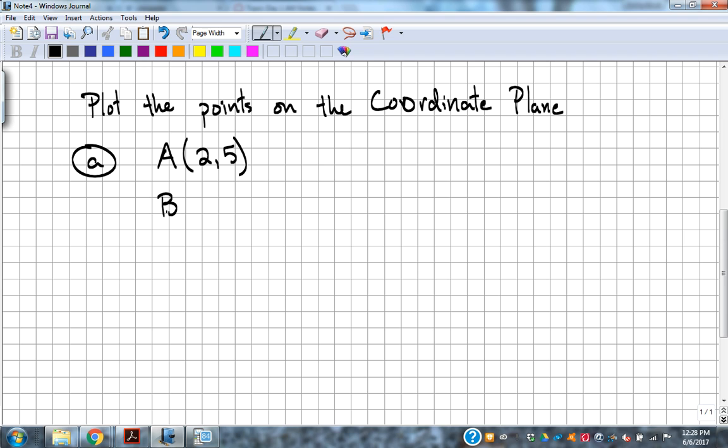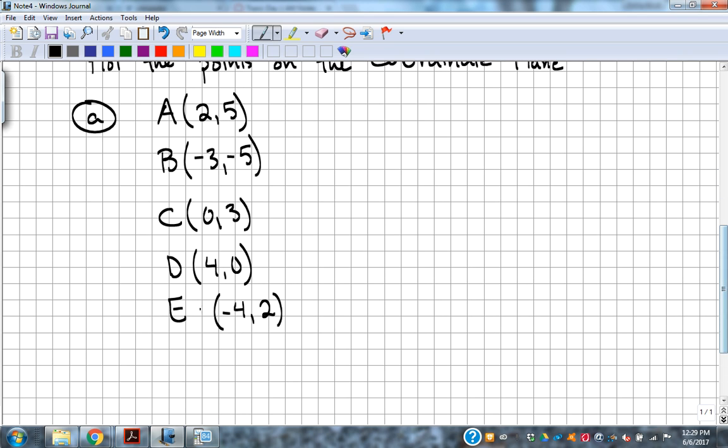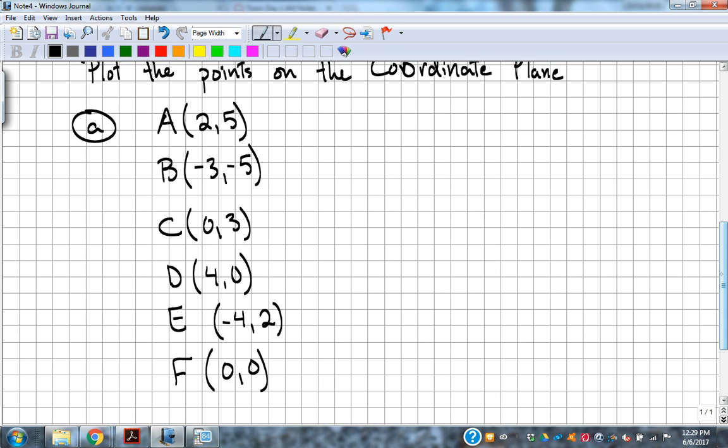A is (2, 5), B is (-3, -5), C is (0, 3), D, let's do (4, 0), E is (-4, 2), and let's do one more, F at (0, 0). What we're going to do is plot the points on the coordinate plane, and then we're going to write beside the ordered pair what quadrant or location that point is at on the grid.